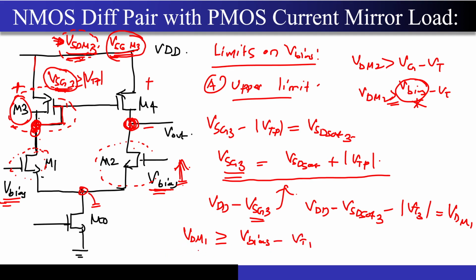So VDD minus VSD sat of 3 minus mod VT3 has to be greater than or equal to V bias minus VT1. This long expression will yield the upper bound on V bias, and that bound will be: V bias should be less than or equal to VDD minus mod VT3 plus VT1 minus VSD sat 3. So this is the upper bound.